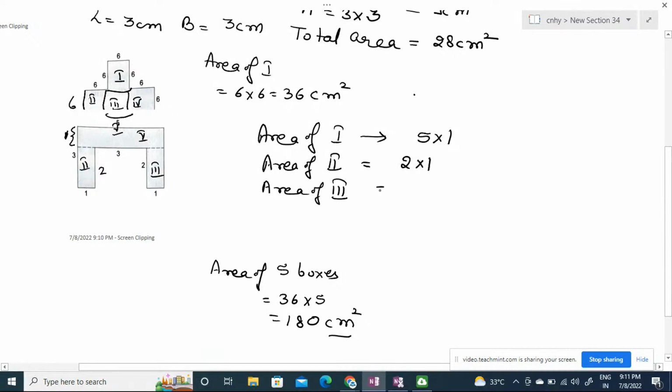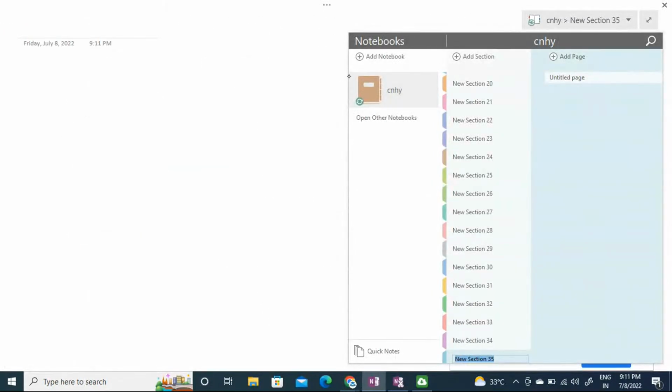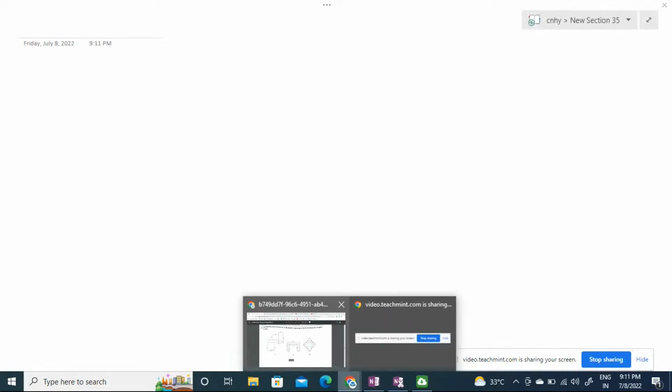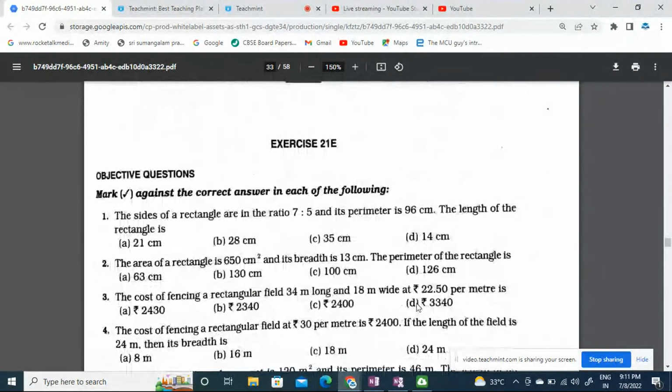It becomes 5 centimeter squared plus 2 centimeter squared plus 2 centimeter squared, which becomes 5 plus 4, 9 centimeter squared. The whole lesson, area and perimeter, is closed now.